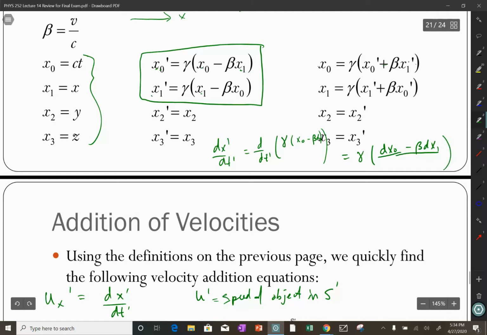And then for the dt prime, I used the x0. Oh, wait, I wrote that wrong. You have to use x1 is x, so that's dx1 minus beta dx0.